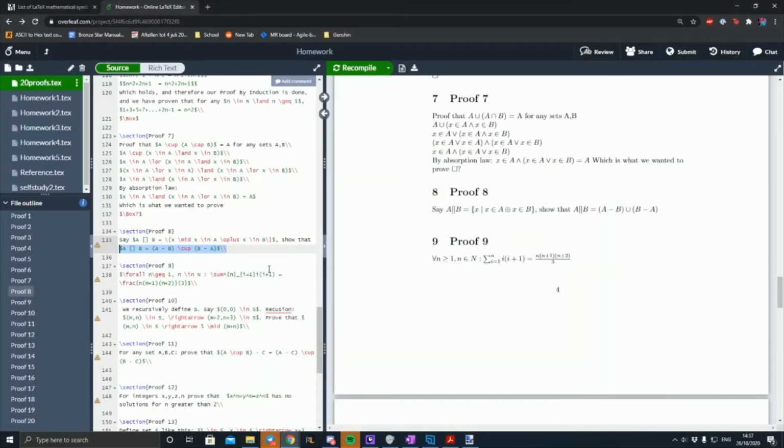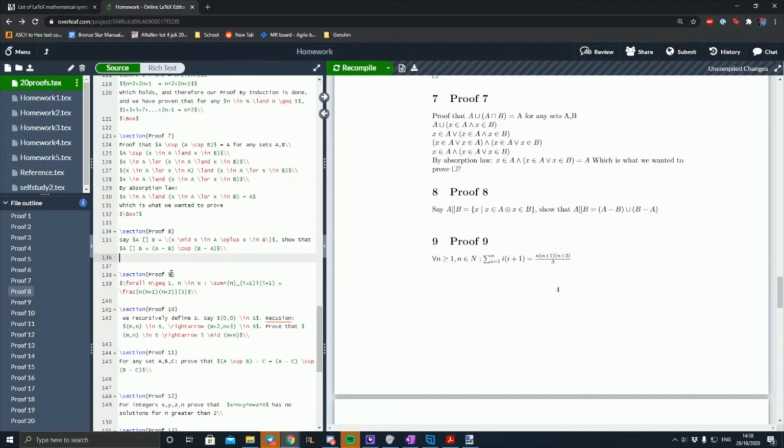So let's first convert this to predicate logic in a way. Yeah.